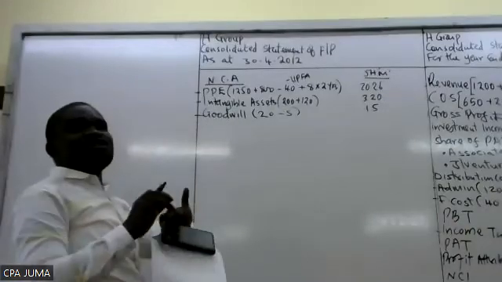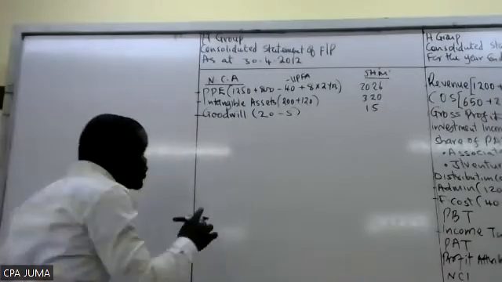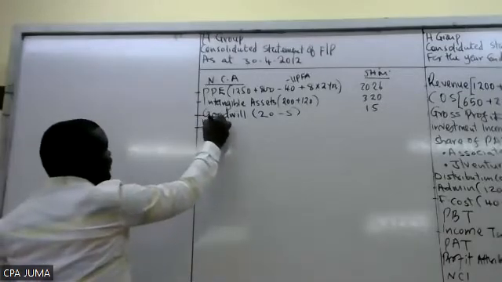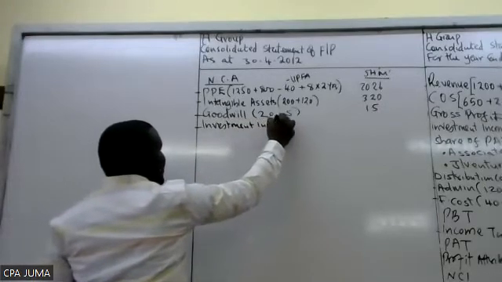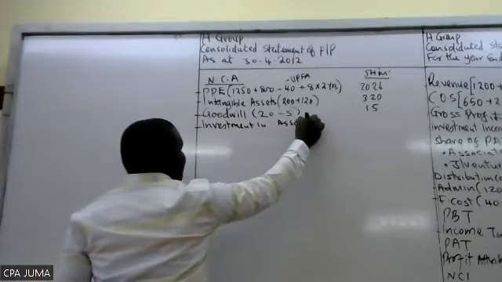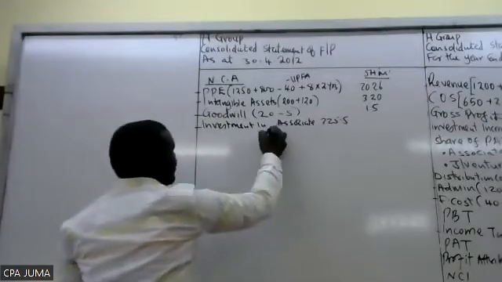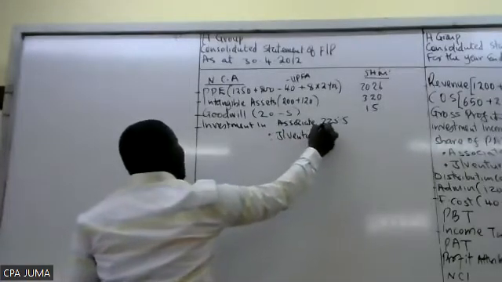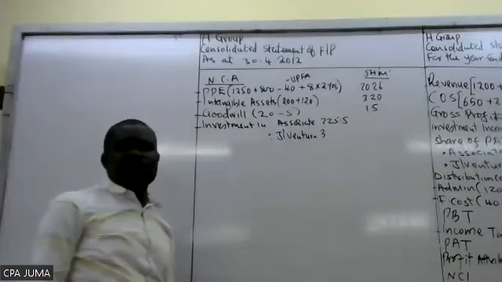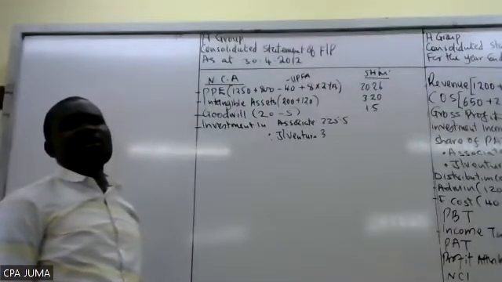But for A and J, you don't bring goodwill. You bring your current investment, which you adjusted. So investment in associates, we got 225.5. Joint venture, we got 337.5.